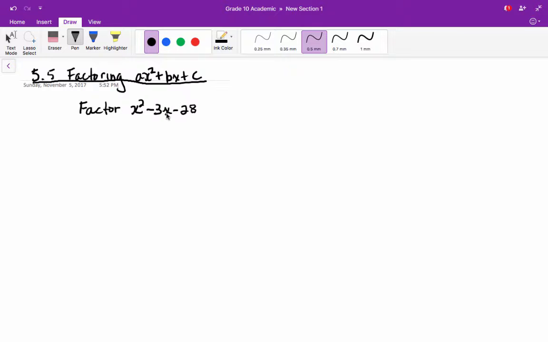Of course, last day you looked for two numbers that add to negative 3 and multiply to negative 28. And the numbers that work would be negative 7 and plus 4.